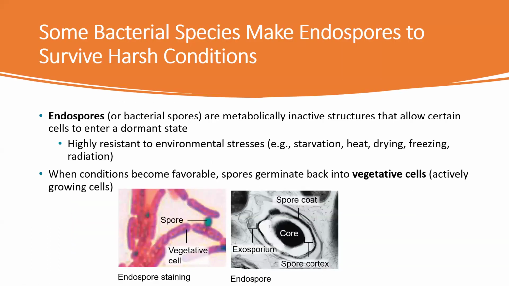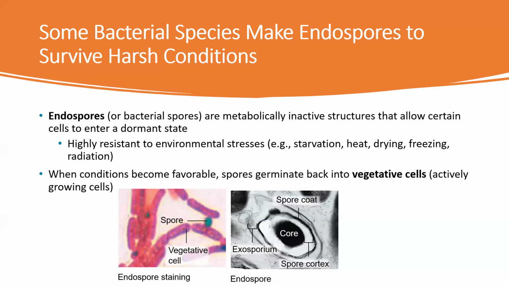Then we have endospores, and endospores are kind of a special case where they are a way that microbes deal with harsh conditions, going into a dormant or quiescent state. And so what they're going to do is form these spores when they aren't going to be metabolically active.